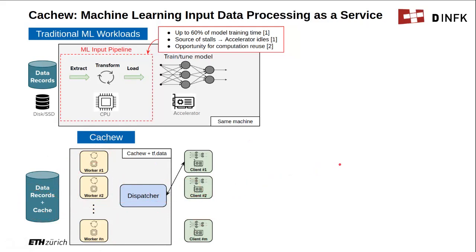Well, a client has a model to train and it requests that its input pipeline be processed by Cashew. The dispatcher analyzes the input pipeline, and then it understands how many workers this processing would initially require. It recruits those workers, and those workers get in touch with the storage layer, who then retrieve the data. If the data is already cached, then all the better.